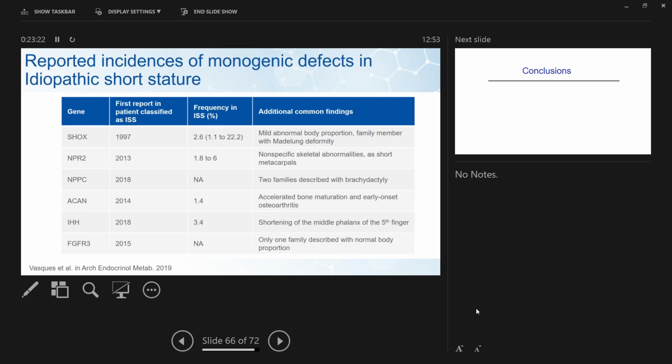So I think we are moving towards that it makes it rational to soon consider maybe sequencing a panel of genes in children with severe isolated short stature.